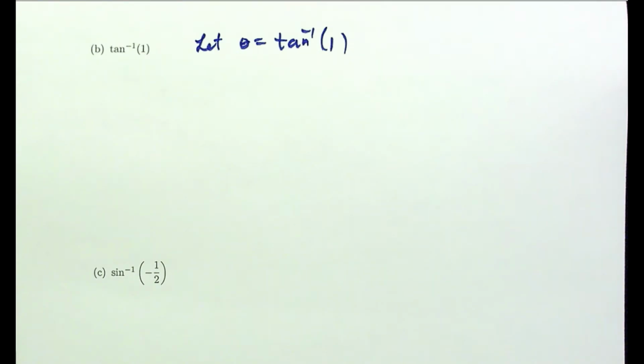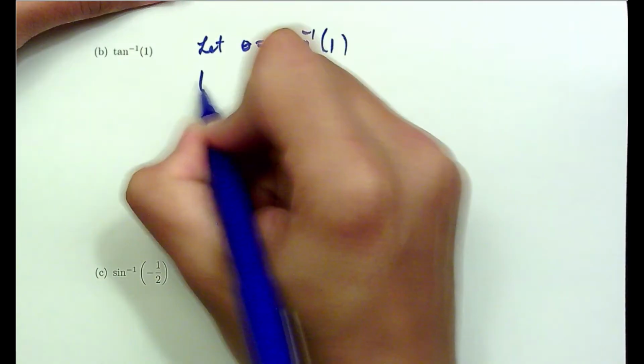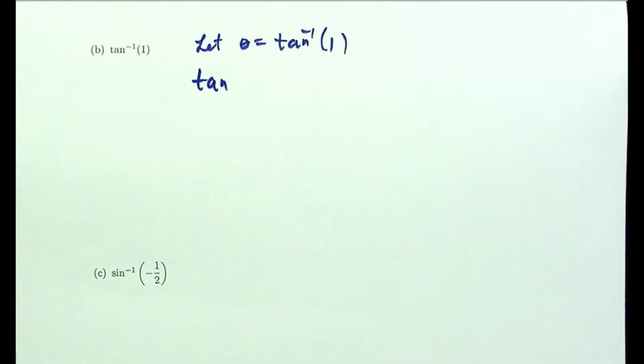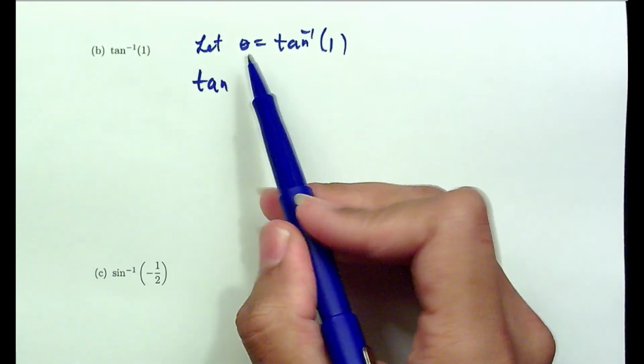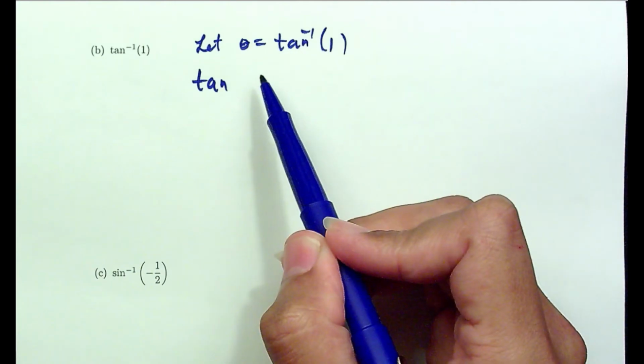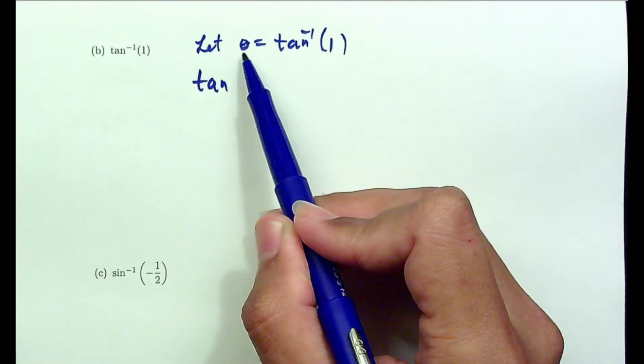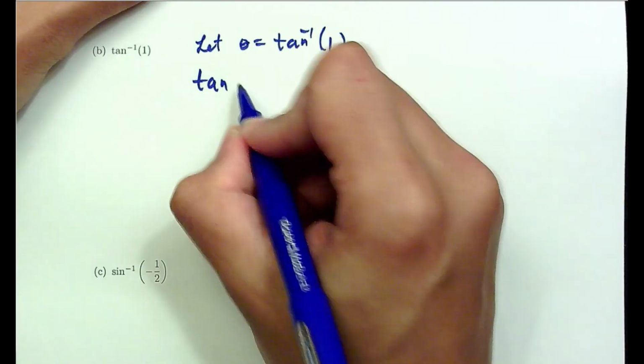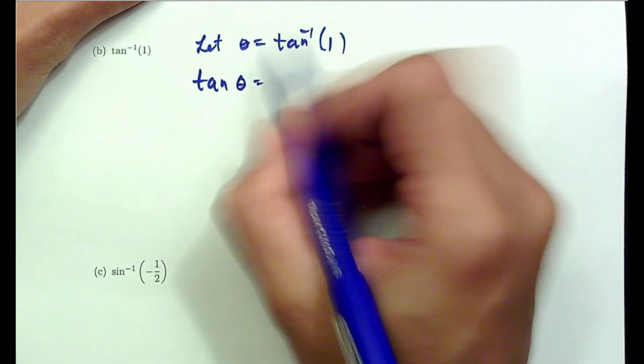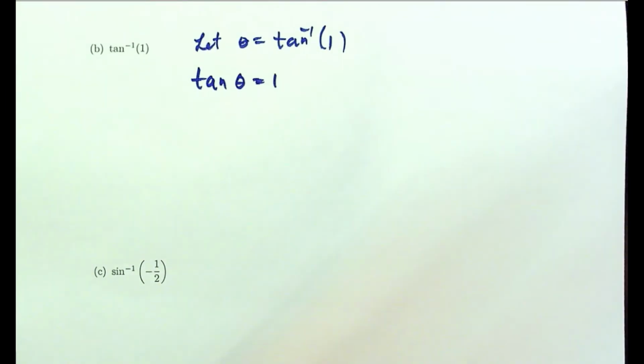So we're going to use regular tangent to rewrite the same relationship. Remember how that's done. You have to swap the inputs and outputs. So the output is now the input, and the input is now the output. So in other words, tangent of theta equals 1.